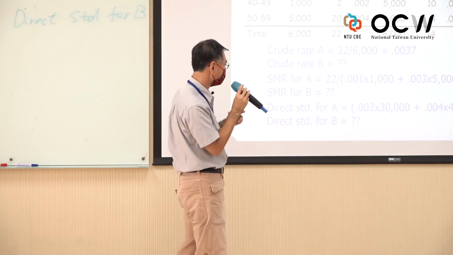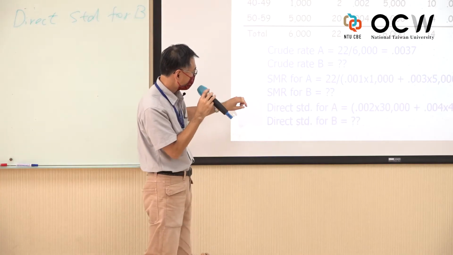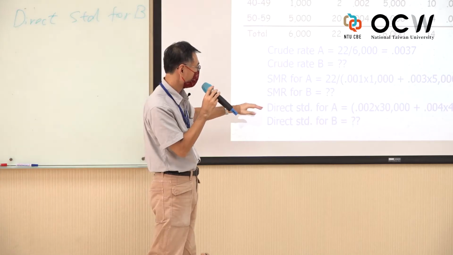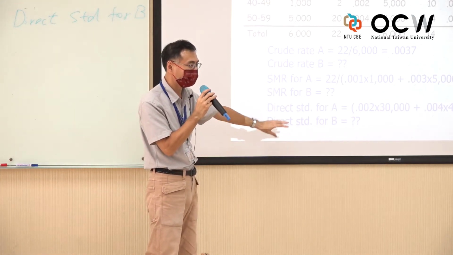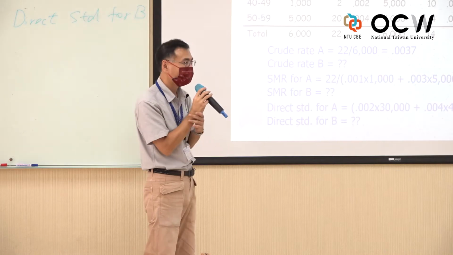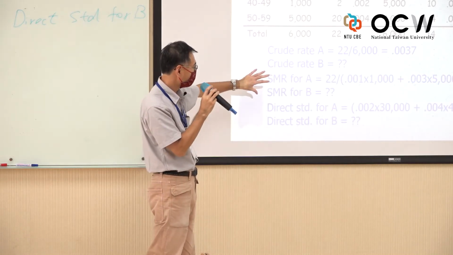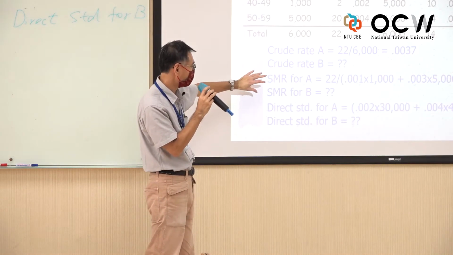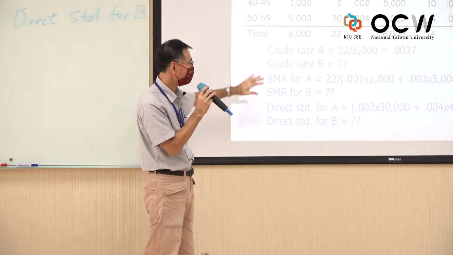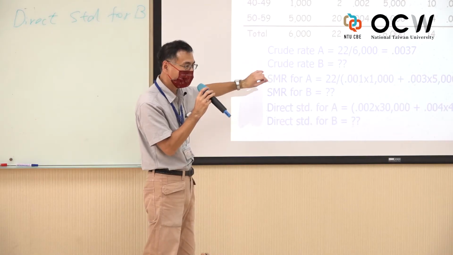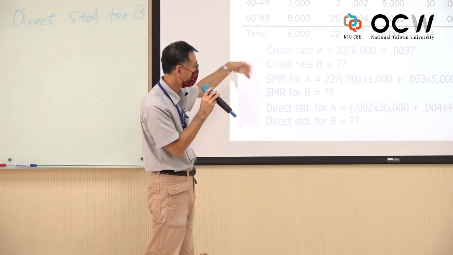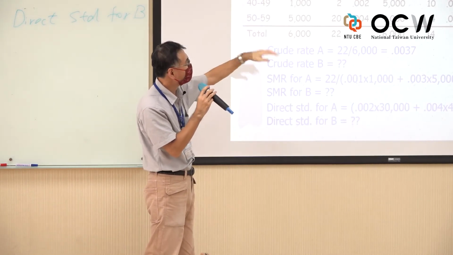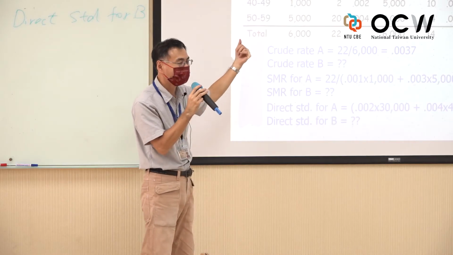In other words, after adjusting for age structure, the mortality rate for occupation A is exactly the same as occupation B. Although we saw different things from the estimation of SMR, those are not comparable to each other. So we cannot say that occupation B is more dangerous than occupation A after adjusting for age.